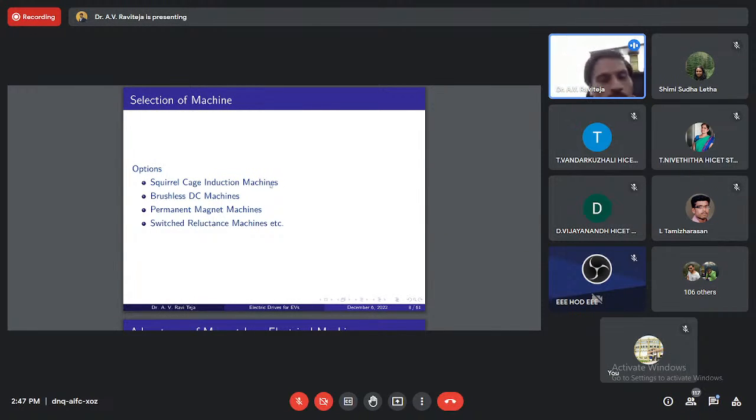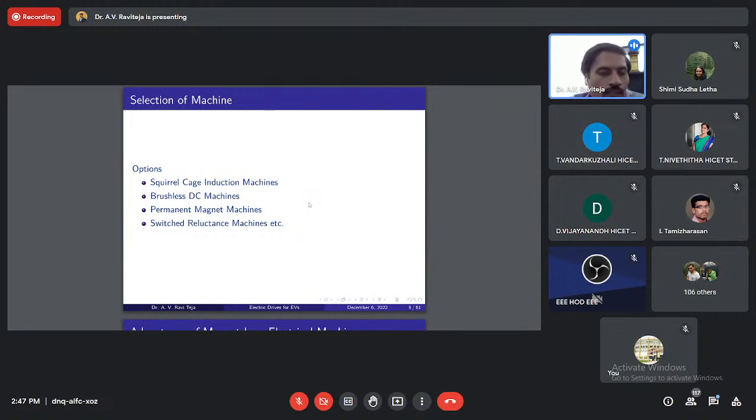And then there are others, because many manufacturers and researchers are trying to manufacture customized machines for EV applications, which have the maximum of the desirable characteristics as we discussed, right? By making use of the low cost nature of induction machine and high power density nature of brushless machines, I can combine them and make cost moderate and control algorithm complexity medium, like that.